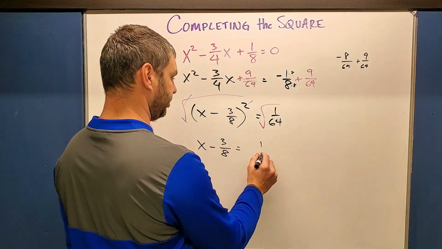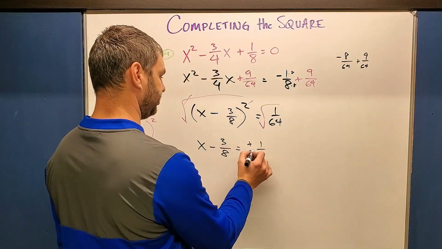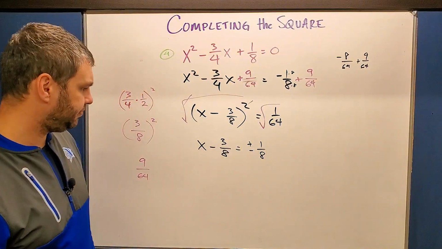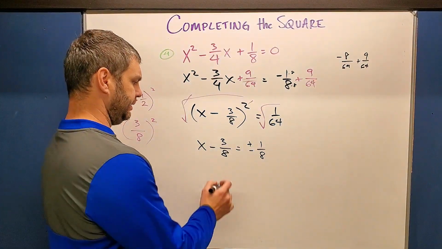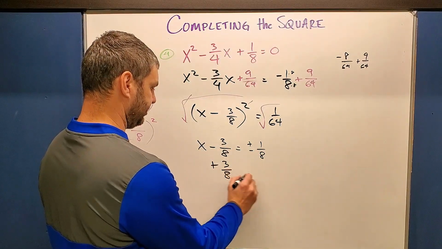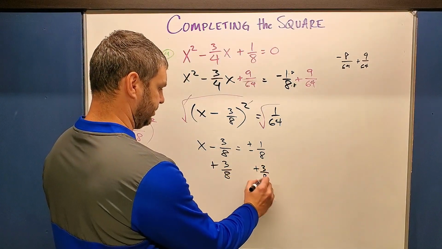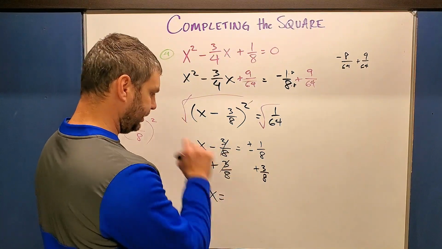Square root of 64 is 8. All right, however, I do need a plus or minus in front there. And really, this isn't going to turn out to be too bad, but we do have some fractions here. So I'm going to add 3/8 to both sides. Plus 3/8, plus 3/8. And I get x equals, let's think about this here.